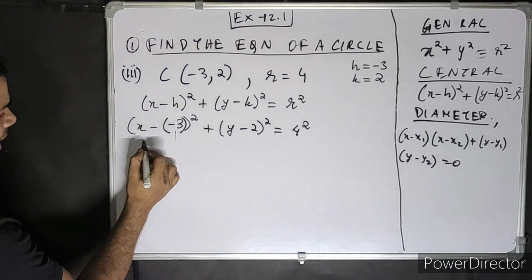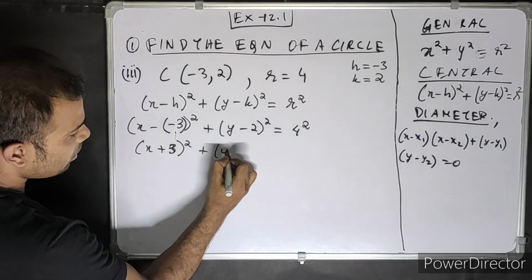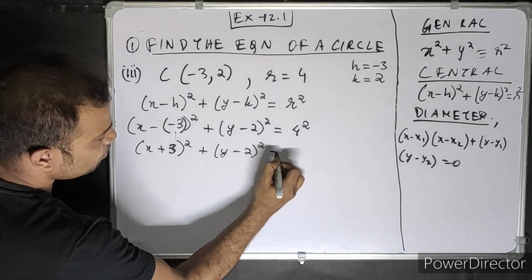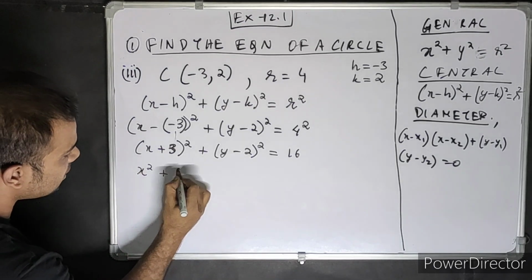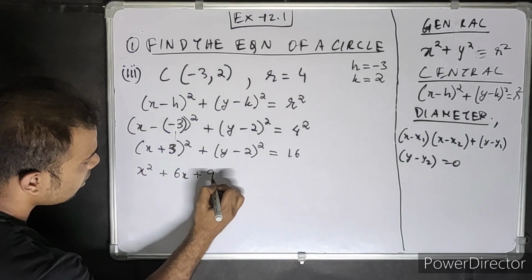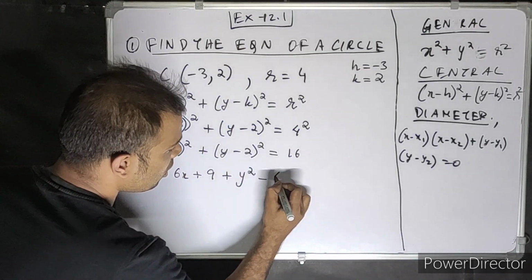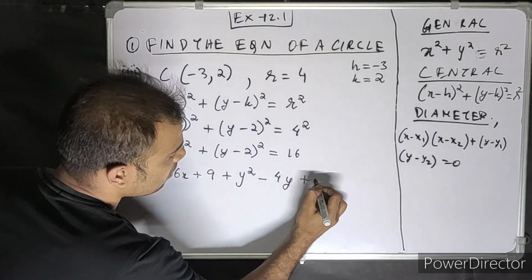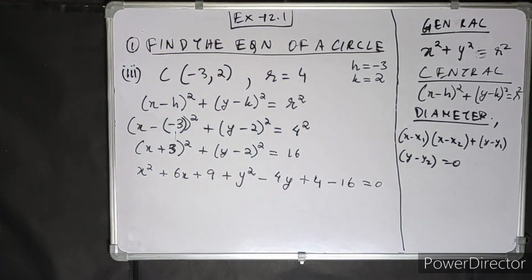So this now becomes x plus 3. Then you will have one more line to do. You could have already split that up: x square plus 6x plus 9. But you are expected to do the shorter way because you are in class 11. Plus 4 minus 16 equal to 0.